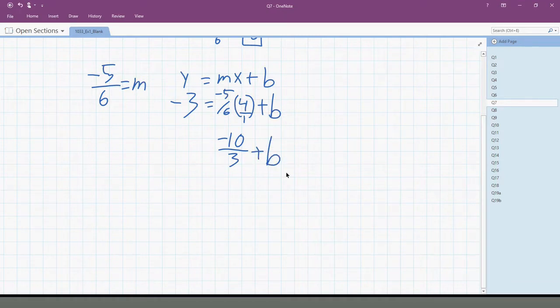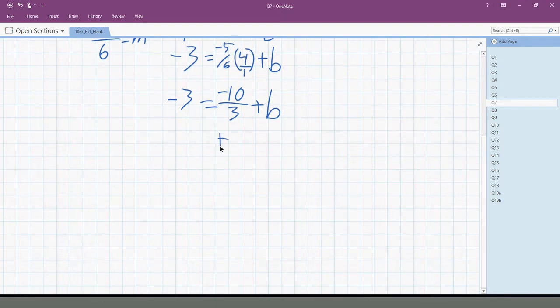So this was plus b equals negative 3, and then we're going to add 10 over 3 to both sides so that these cancel out, and then b equals negative 3 plus 10 over 3, which is 1.